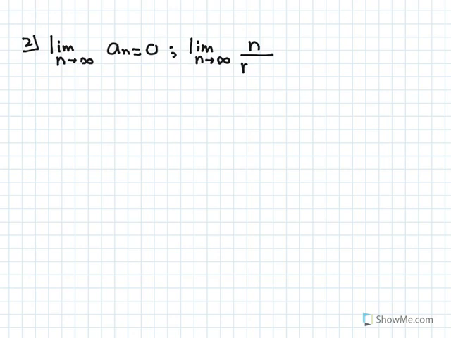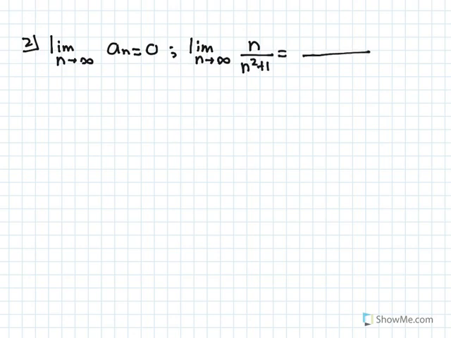For the second condition, the limit as n approaches infinity of a_n has to be equal to 0. So let's take the limit of the nth term. Limit as n approaches infinity of n divided by n squared plus 1.